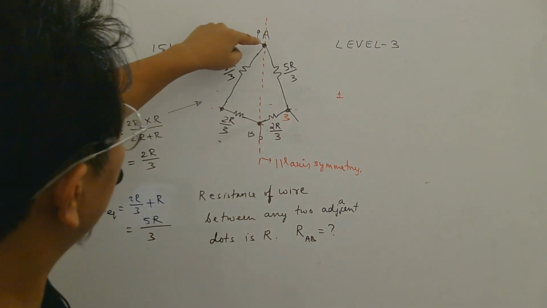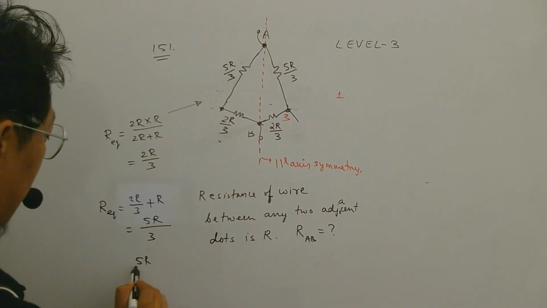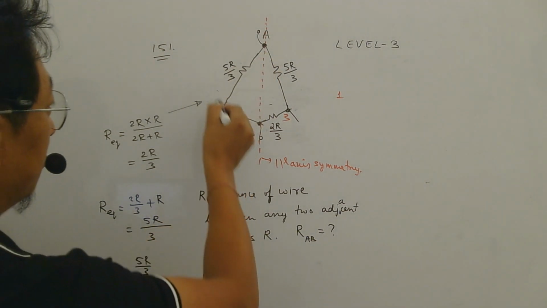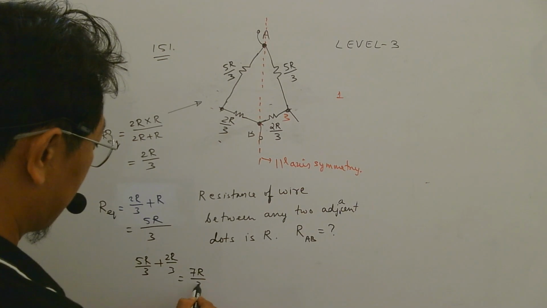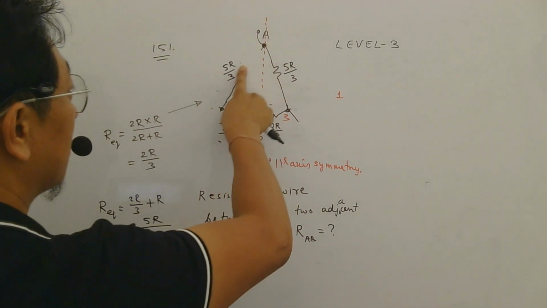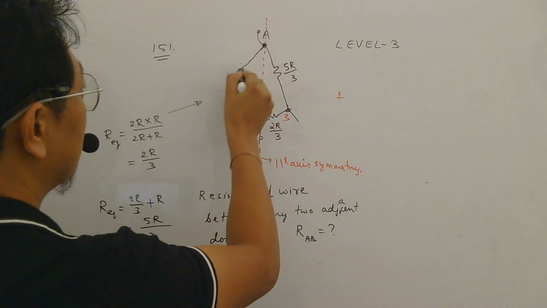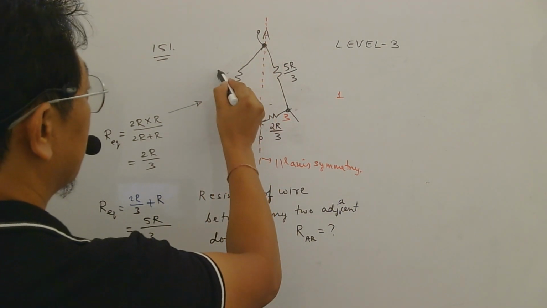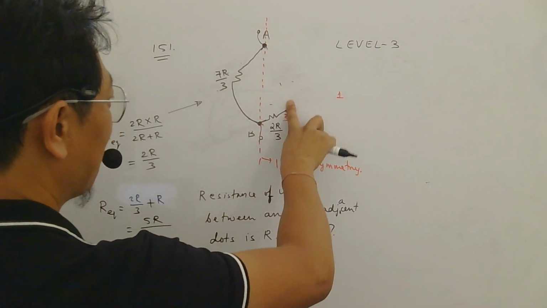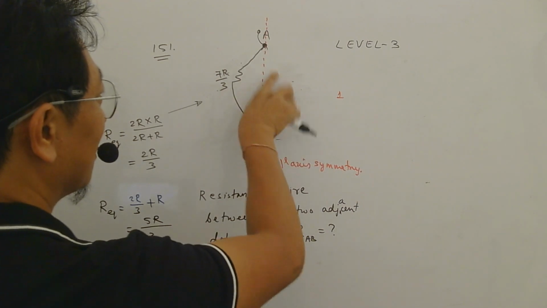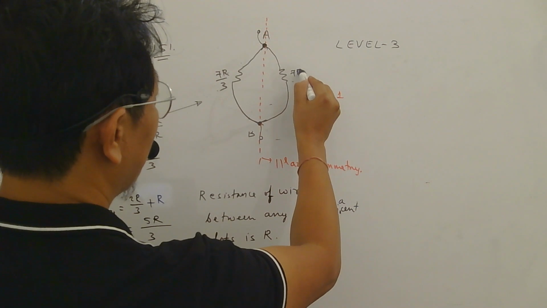Now you see between A and B, these two are in series. So that will be 5R by 3, these two, plus 2R by 3, that will be 7R by 3. So now this circuit can also be replaced by a single resistor with resistance 7R by 3. Same thing will happen here. So you see, so nicely by using symmetry, the circuit is getting simplified.